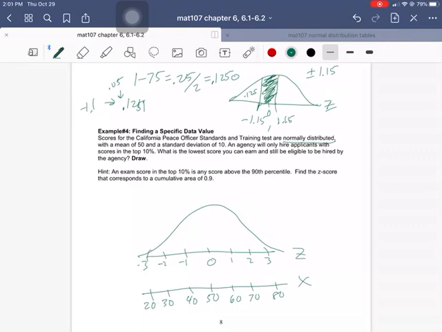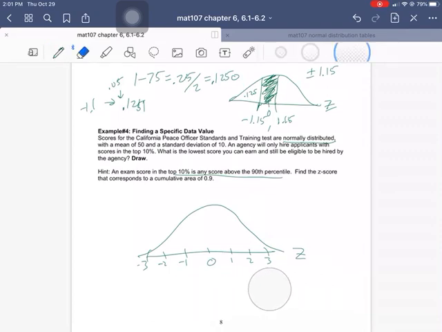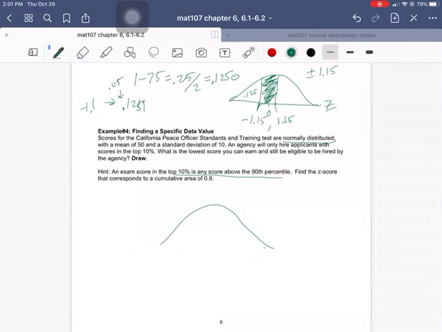All right, the agency will only hire applicants in the top 10%. Top 10%, I have absolutely no idea where that's going to fall in the standard deviations, okay? It says, don't forget it's in the 90th percentile. I have absolutely no idea where that is right at the moment. So that scale is not going to be helpful because this problem is starting with an area.